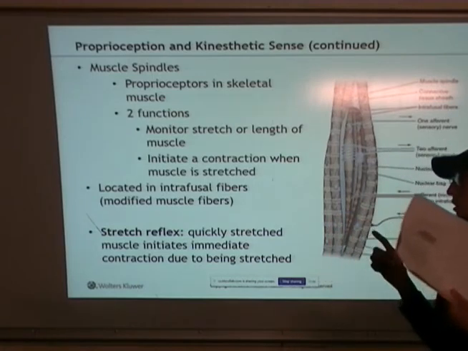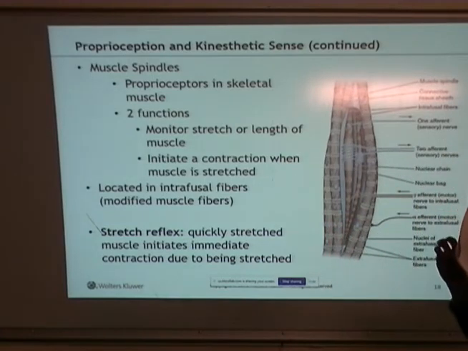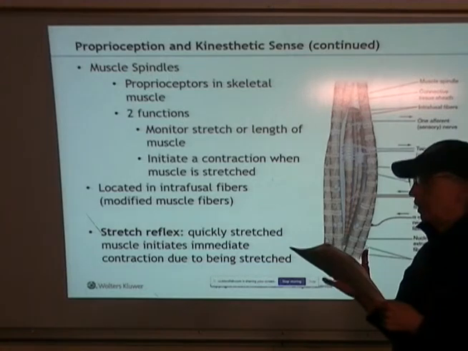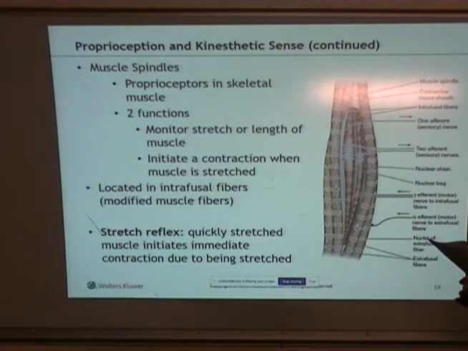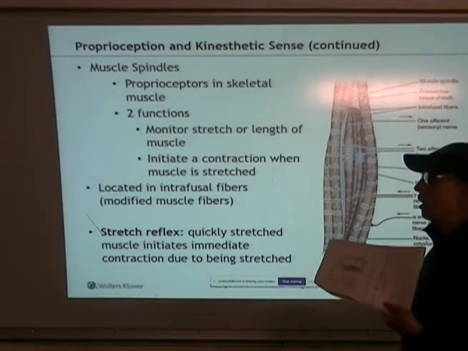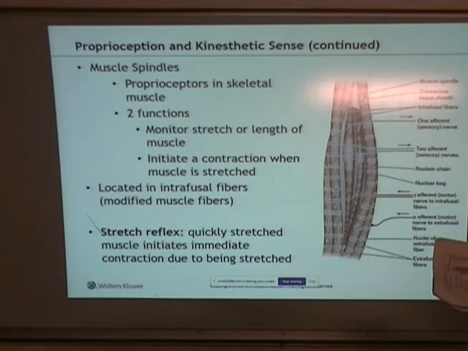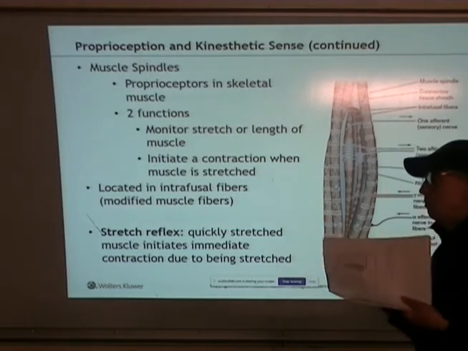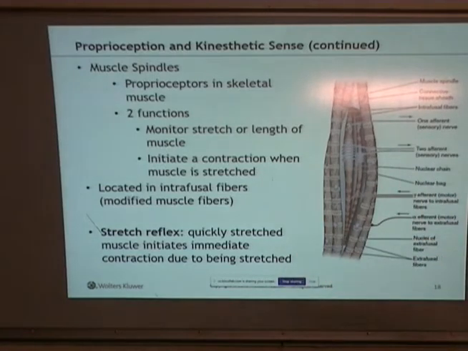It has to monitor stretch in the muscle or the change in length in the muscle, and it's going to then send information to the central nervous system, which will result in a contraction of that muscle when it is stretched. So it has a protective function in many ways, right? But it's not just the protective function, because it is sending information to the brain about how much stretch there is at any time. Okay?